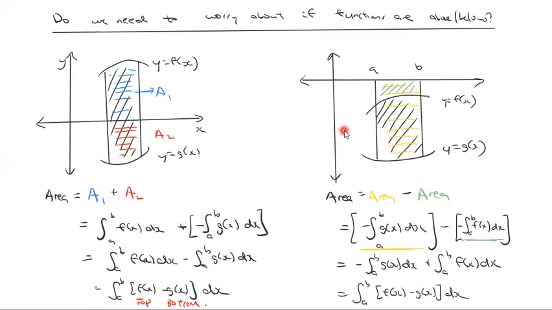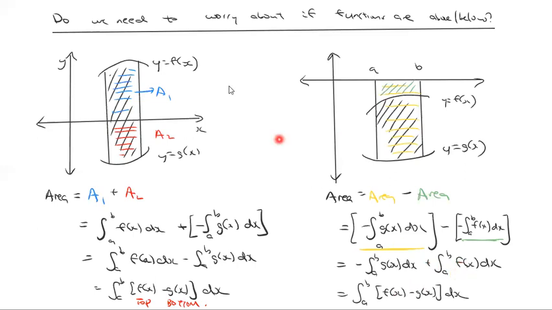Does that make sense? Oh, you can just bring the negative back. Well, we're subtracting a negative, right? So minus minus is plus. Oh, yeah. And negative b plus a is a minus b. Oh, wow. Okay. Does that make sense?